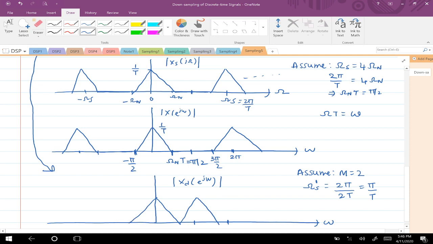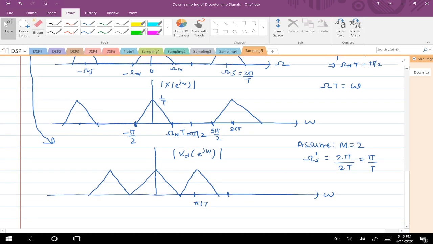So this would be the case now. A copy is placed at pi by T here. Earlier it is kept at 2 pi by T, and of course this is omega_n only. This is minus omega_n.